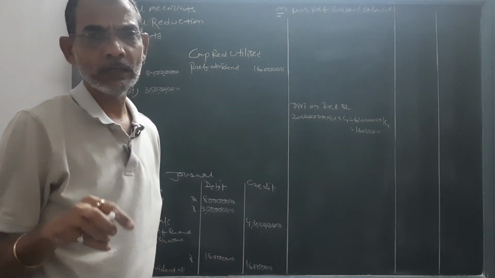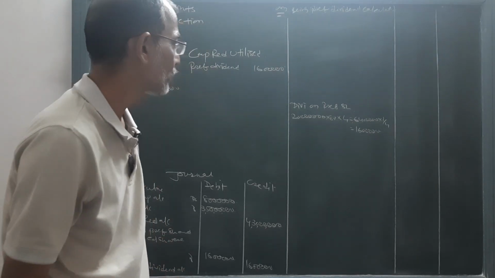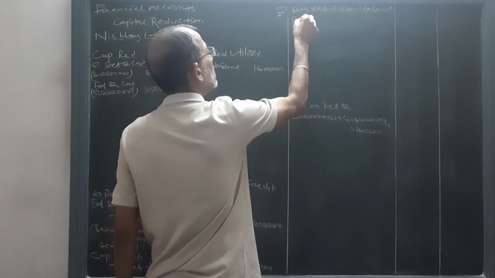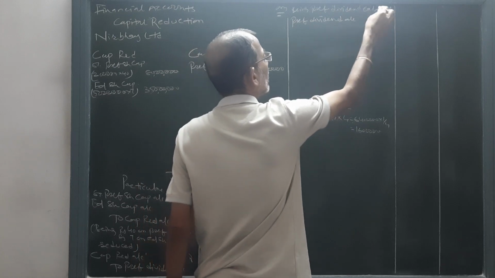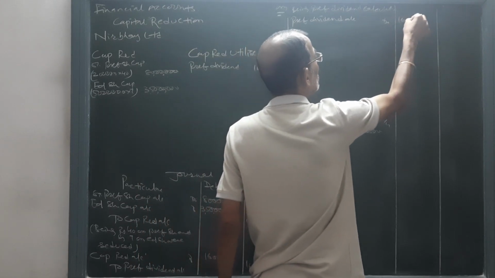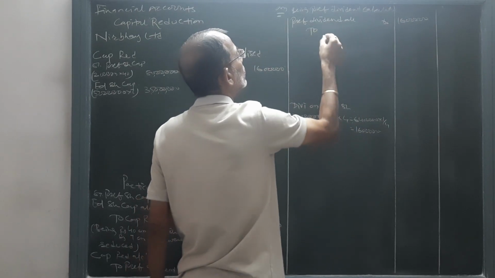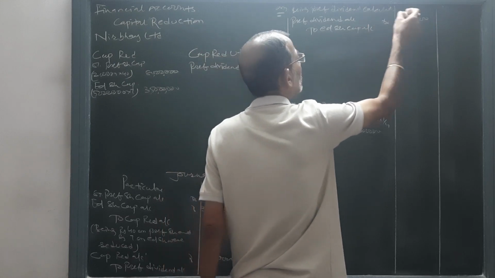Now this dividend is to be paid in the form of equity shares. So preference dividend account debit 16 lakh to equity share capital account.